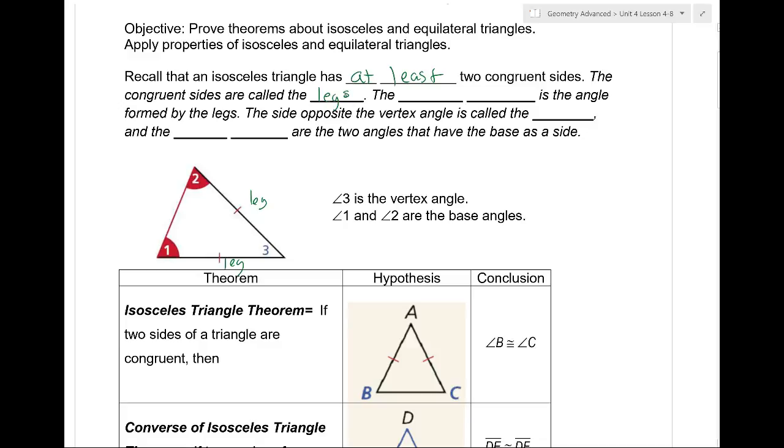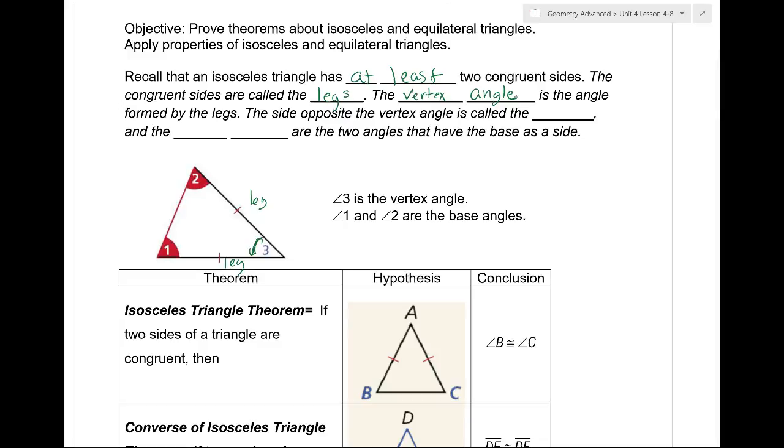We have with isosceles triangles, those are also called the legs. The angle that is formed by the two legs, so this angle right here, that is called the vertex angle. So the vertex angle is always going to be formed by the two congruent sides on an isosceles triangle.